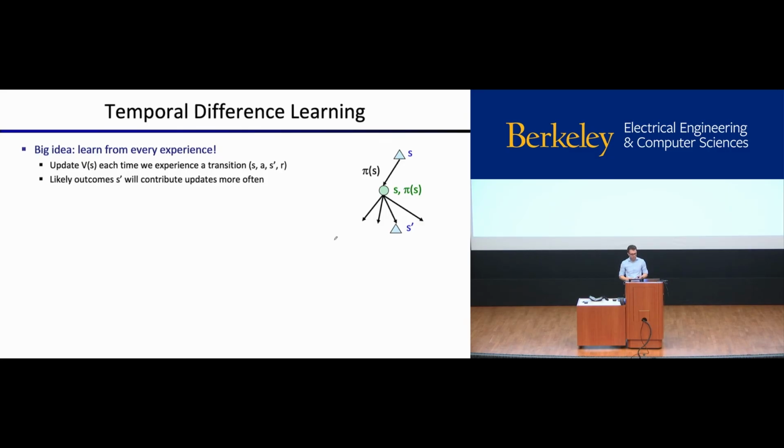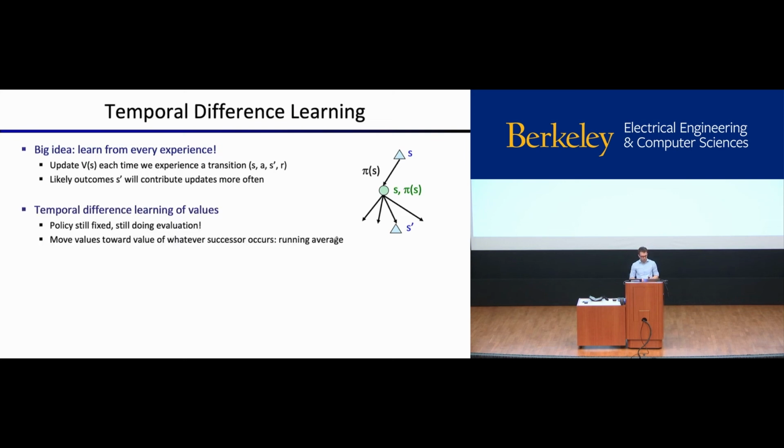Okay. So here's one way we could potentially try to do that. We're still going to do a fixed policy. We're still doing evaluation, but we're going to move the values towards whichever state we end up seeing. So we're going to essentially do something like an expectimax search. Normally this step would involve a model, right?